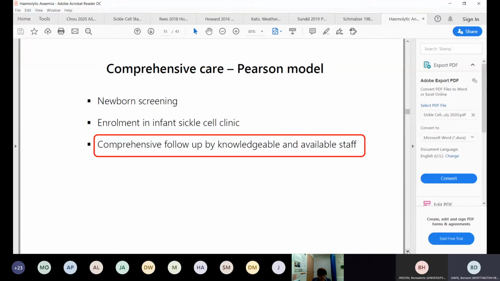Obviously, it's important to look after these patients very well. The talk will focus on 2 acute presentations, but it's just a quick run through of some models of care.